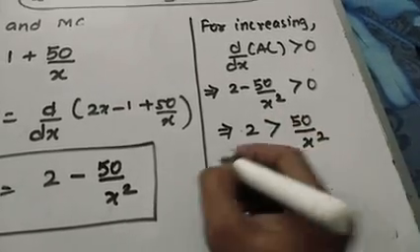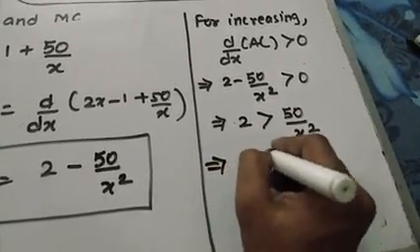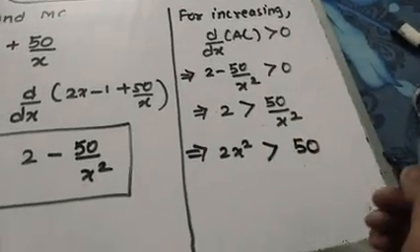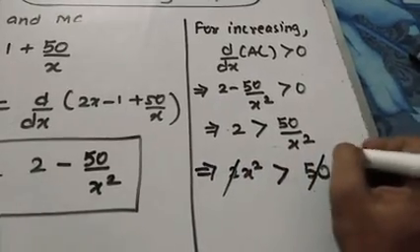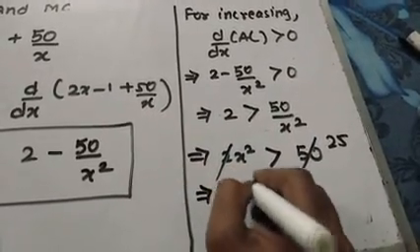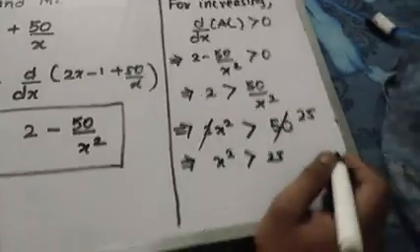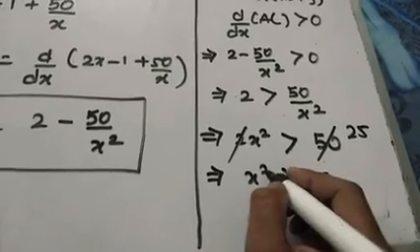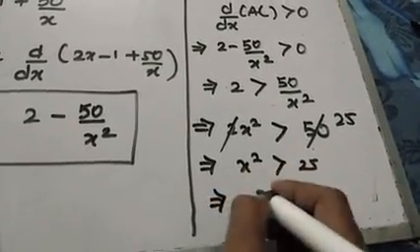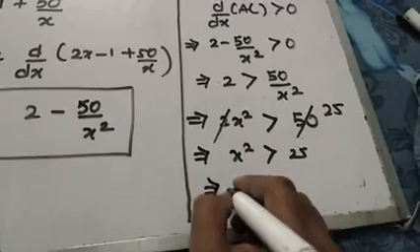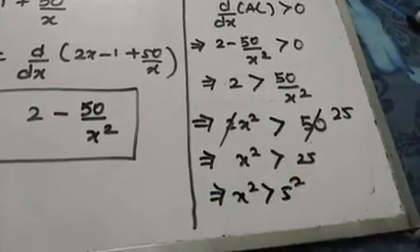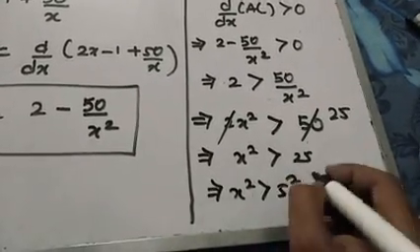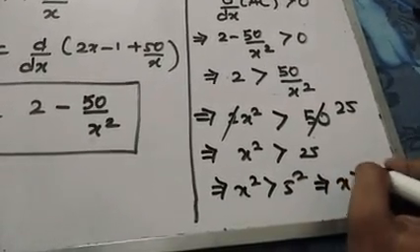Now cross multiplying, 2x square is greater than 50. Cancelling 2 with 50 gives 25, so x square is greater than 25. We can write 25 as 5 square. Now cancelling the square, we get x greater than 5.